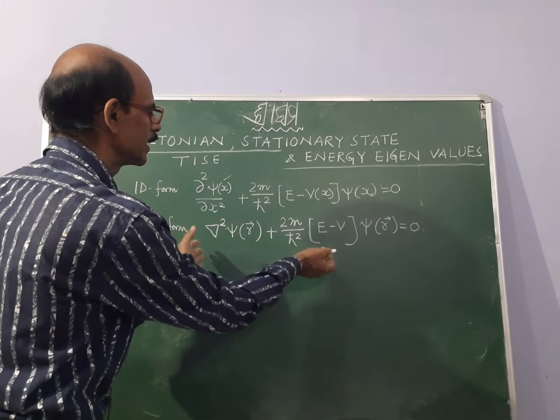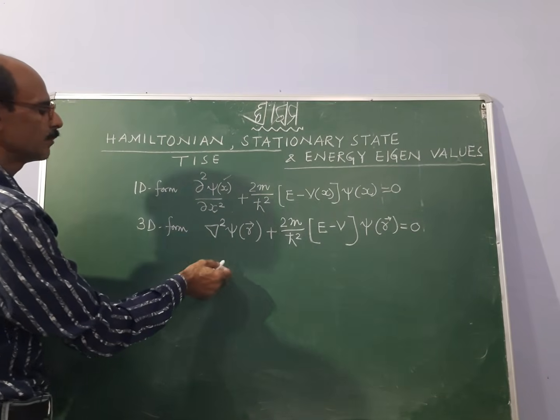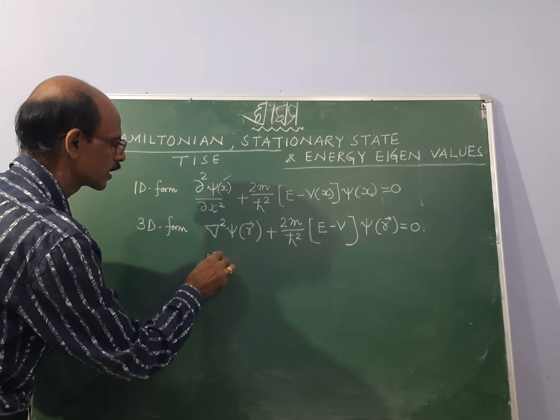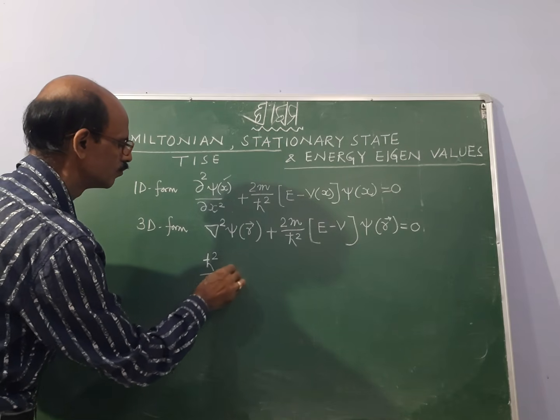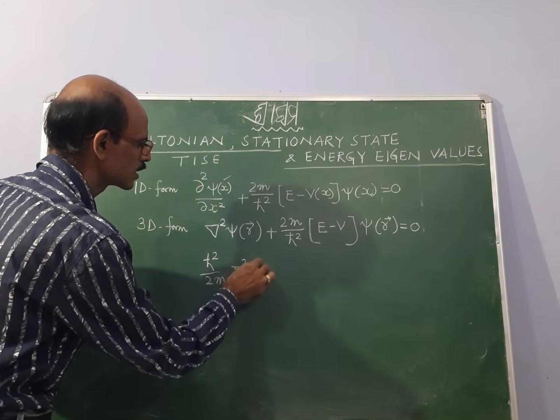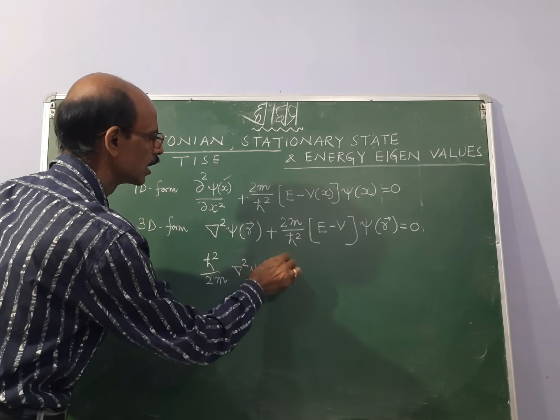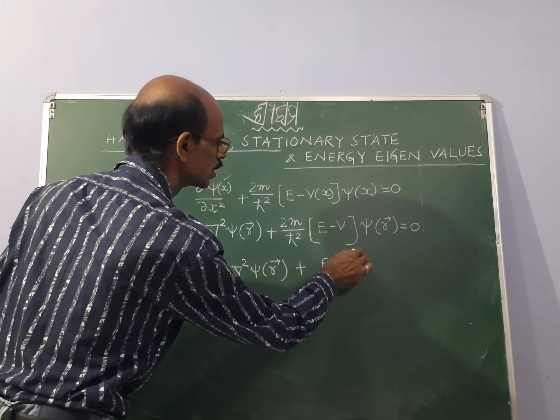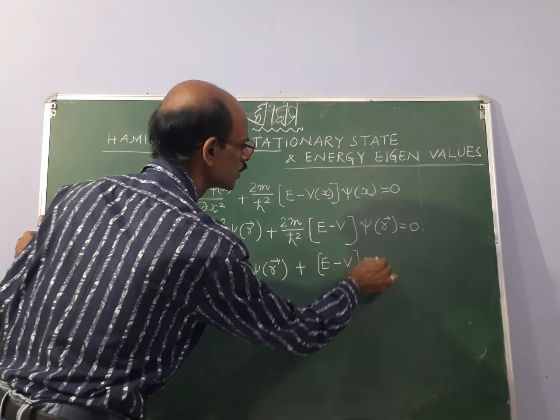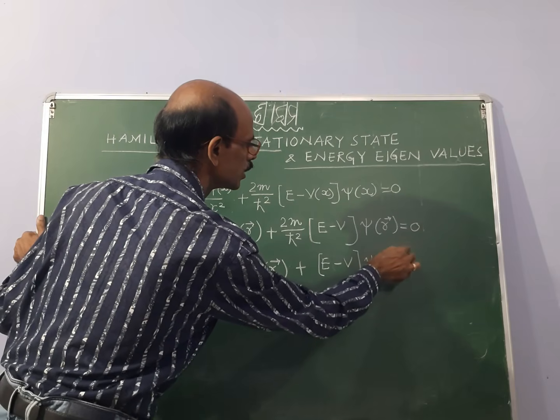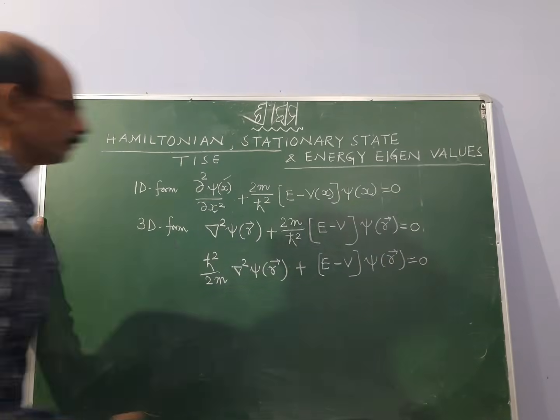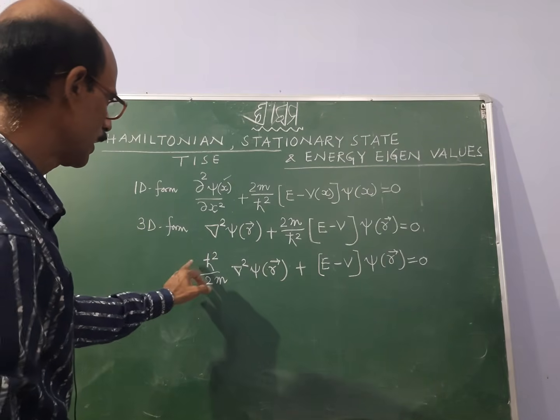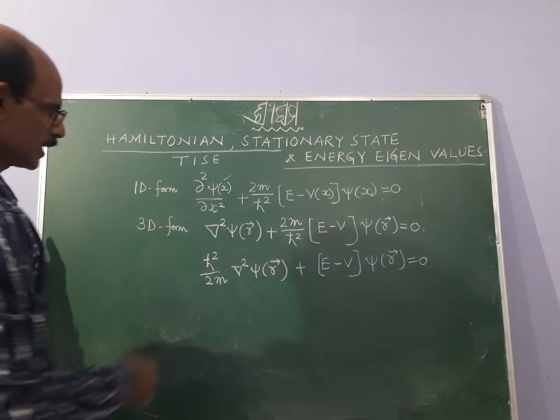Now, after a little manipulation, it can be written like this: h cut square by 2m grad square psi(r) plus (E minus V) psi(r) is equal to 0. I multiplied throughout by h cut square by 2m, that's why it cancelled out.